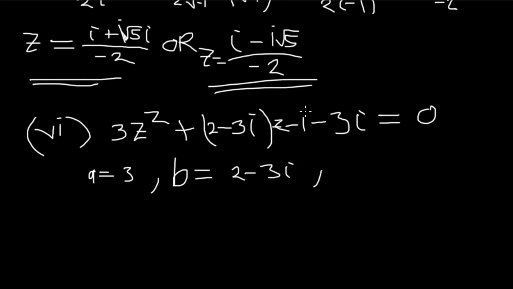Then our C is our constant here. So our C, we get everything that remains, including the signs, negative 1 minus 3i. That is our C.